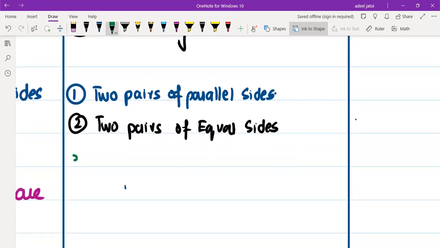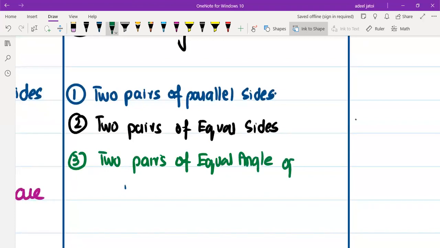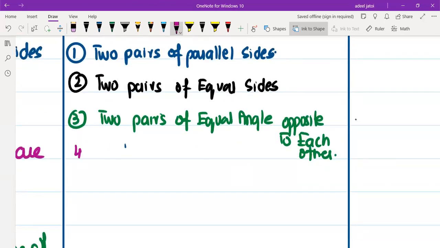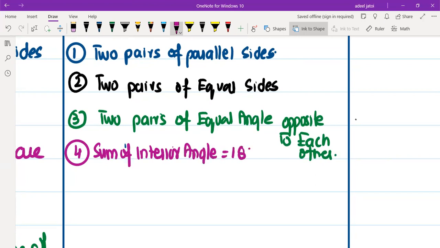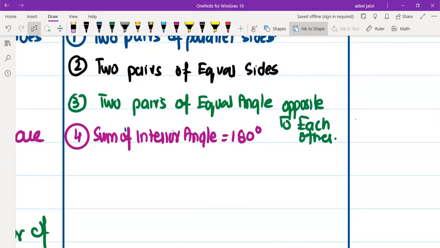Then we have two pairs of equal angles opposite to each other. Then we have sum of interior angle equal to 180 degree.